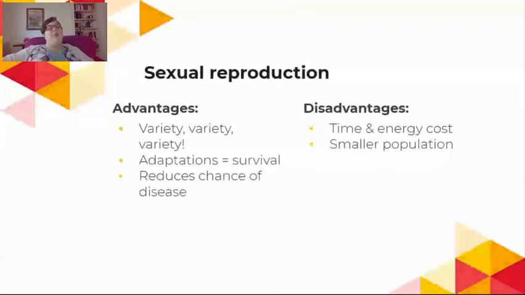And it's also great if you want to have a better chance at surviving certain kinds of calamities like diseases. The disadvantages are, comparatively speaking, it takes a lot longer to grow a new organism via sexual reproduction than via asexual reproduction, which limits your population size.